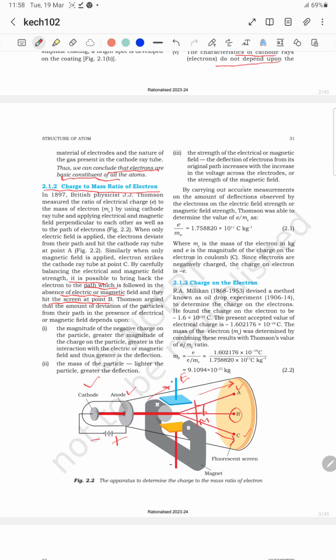By carrying out accurate measurements on the amount of deflections observed by the electrons on the electric field strength or magnetic field strength, Thomson was able to determine the value of e/m, that is, charge of the electron over mass of the electron, where m is the mass of the electron in kg and e is the magnitude of the charge on the electron in coulomb. Since electrons are negatively charged, the charge on electron is minus e.